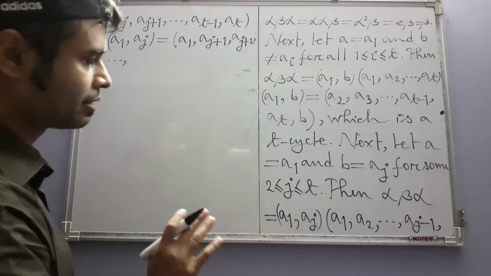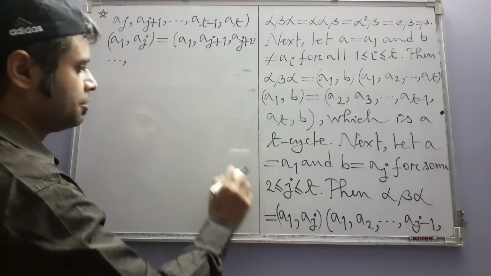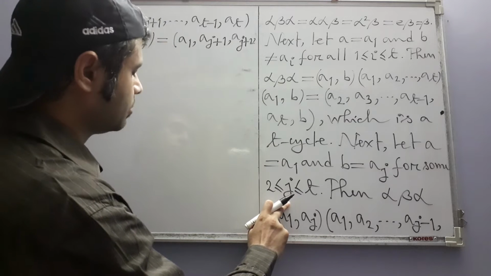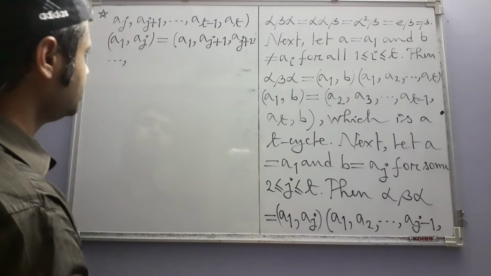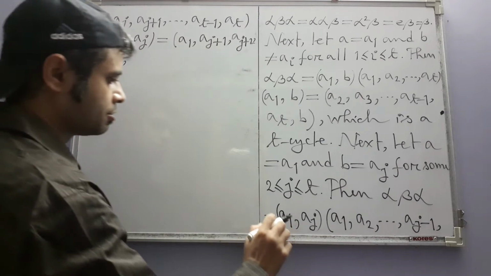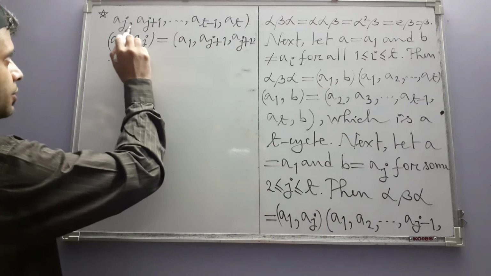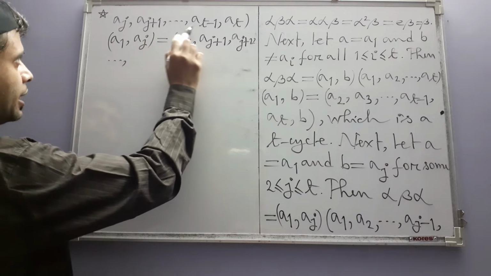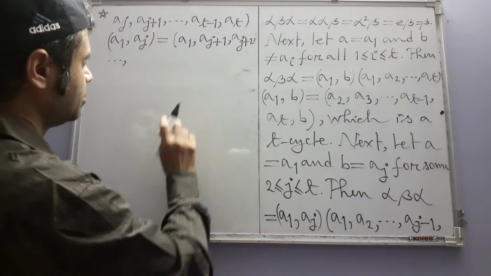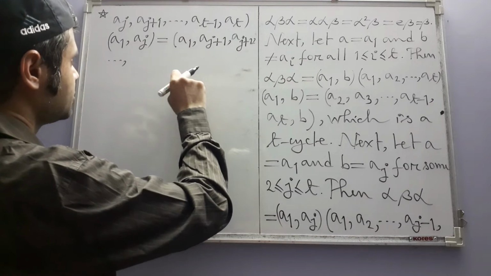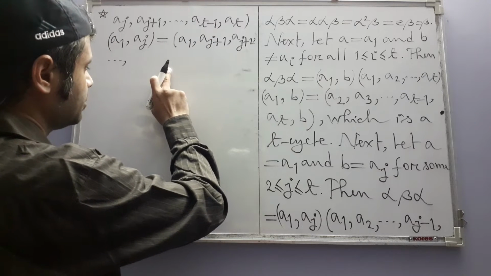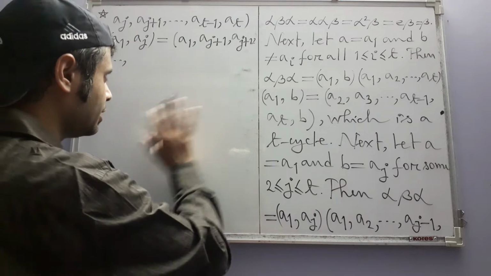You see, you have to understand that, okay, you may say that because J is not something fixed, it may happen that J is equal to T minus 1. That may happen, but the way we have written this middle one, the beta, that just simply tells us that AJ is here and AT minus 1 is here. So if J is actually equal to T minus 1, then that case will be taken care of here itself.